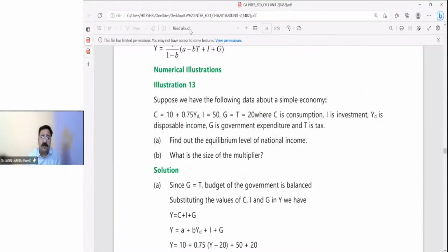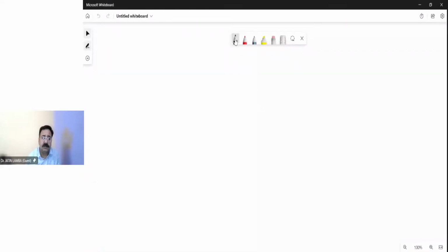So first of all, we are solving this illustration 13. In illustration 13, consumption function is given, which is C is equal to 10 plus 0.75 YD.